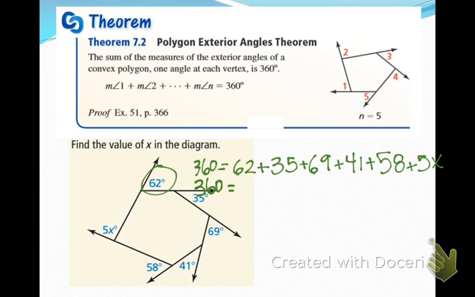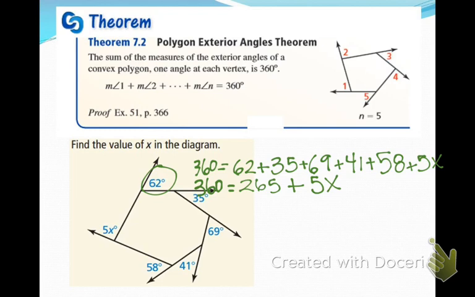All right, so with a calculator, 62, 35, 69, 41, 58. What does it make? Pretty sure it's 260. Tell me if I'm wrong. 265. There you go. I was close. Plus 5x.